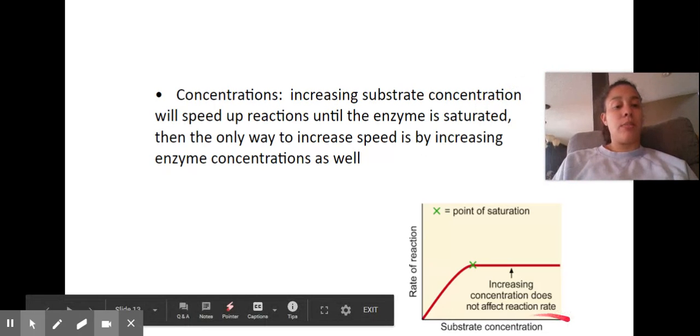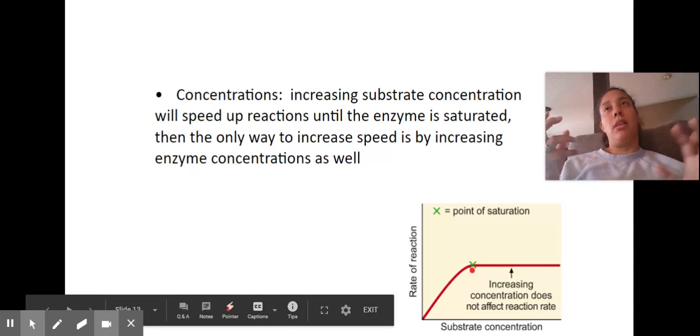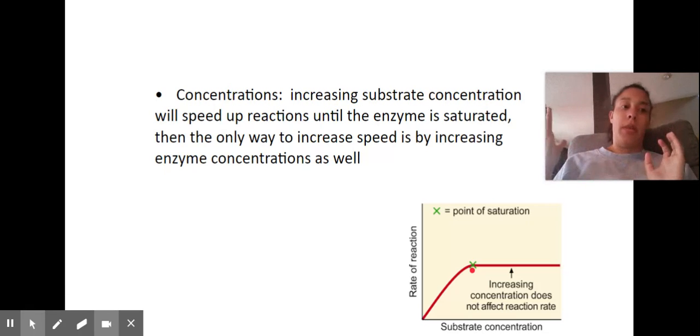If we're talking about substrate concentration, or the starting molecules that are out there, if we increase substrate concentration, we're going to see an increase in the chemical reaction until we reach a certain point, right? At some point, all the enzymes are going to be locked and loaded with their substrates, and there are no more available enzymes to continue those chemical reactions.